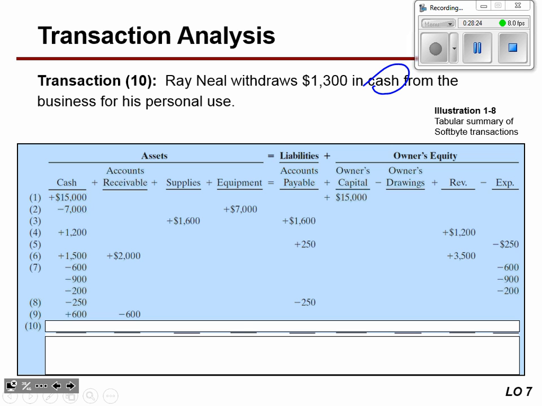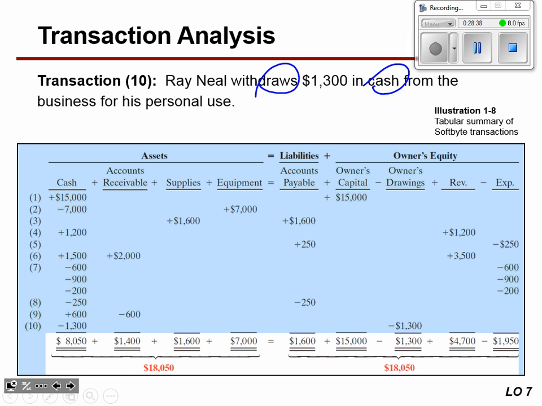The word withdraws tells me drawing is going to make his business overall worth go down. Is his personal worth going up? Yeah, his business worth is going down. So you see cash go down and you see owner's drawing go down as an effect on owner's equity.